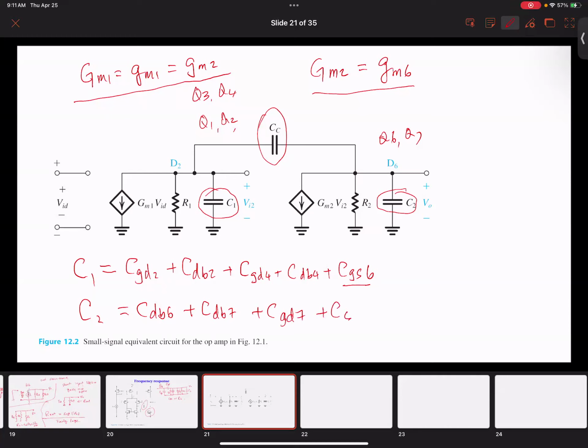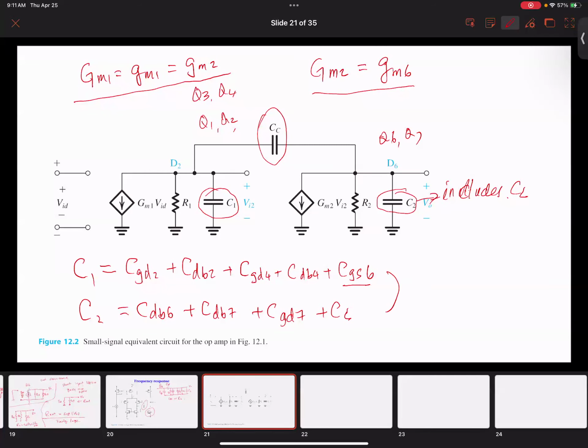So CL, earlier I mentioned that it's really here. So C2 includes CL.